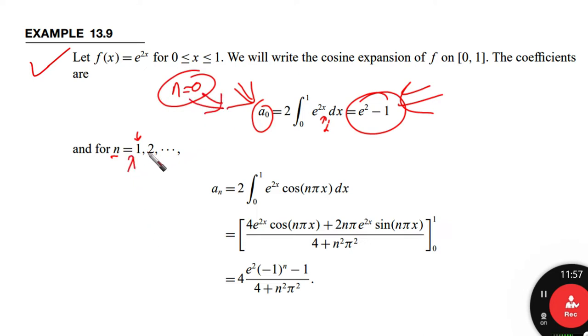This means that an is going to be 2 over L, also 2 over 1, from 0 to 1, of e raised to 2x cosine n pi x over L, which is over 1. So in this case we are going to look at the integration that we have.